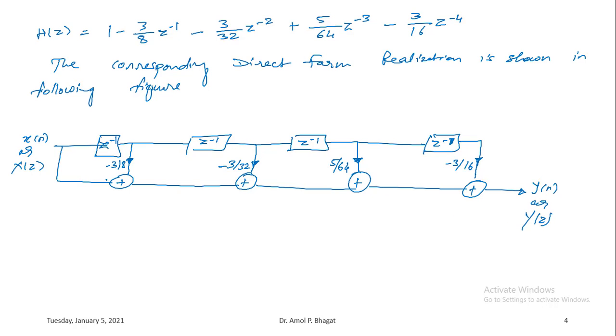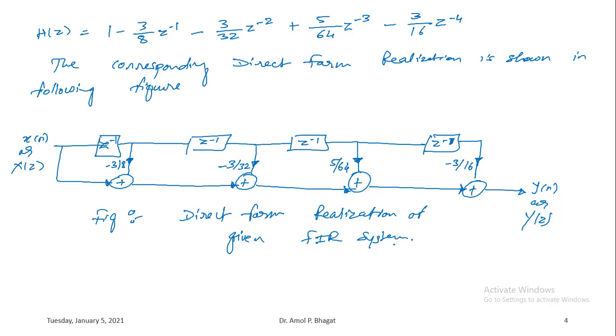Okay, so this is how the direct form realization of a given transfer function or FIR system can be represented. Okay, so this figure indicates direct form realization of given FIR system, right?